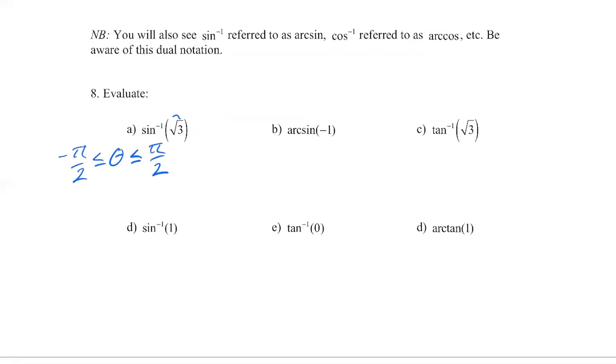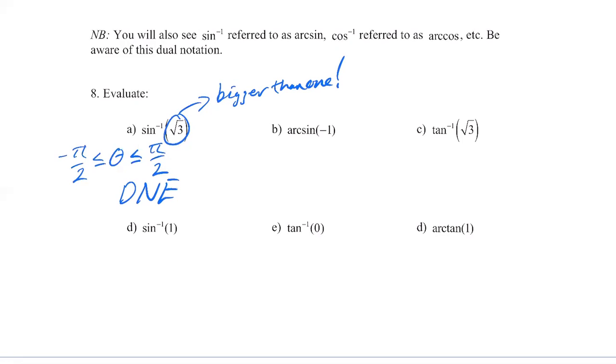So because this thing is bigger than 1, the inverse sine isn't defined. This does not exist. Important to keep that in mind. Okay, let's move on to part B.